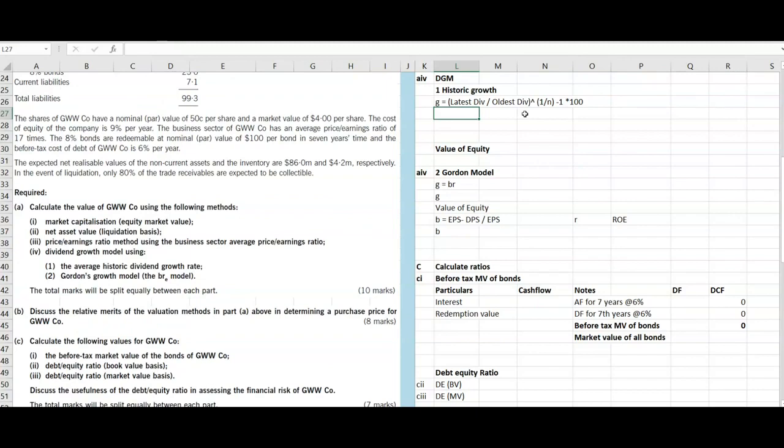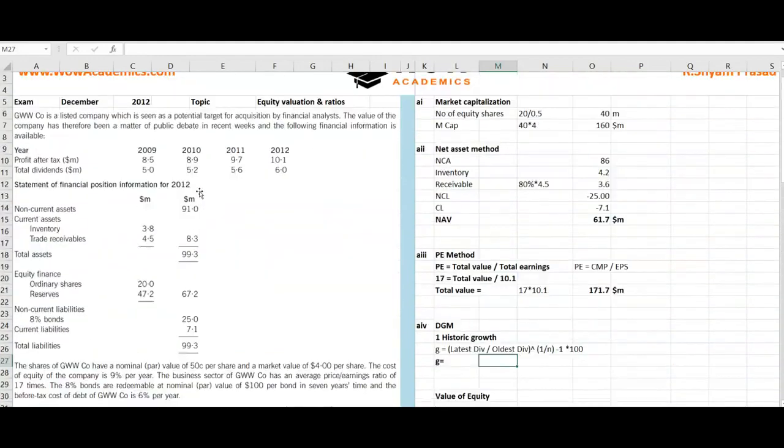So we'll work out the G here. G will be the latest dividend. The latest dividend in our sum is 6 and the oldest dividend is 5. So how many years? 9 to 10 is 1 year, 10 to 11 is the second year, 11 to 12 is the third year.